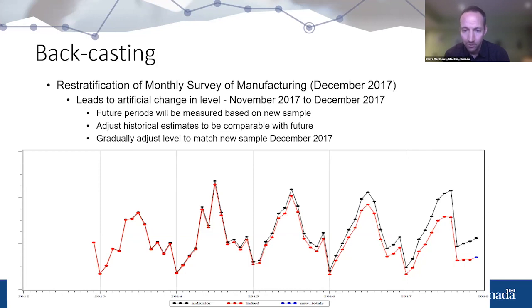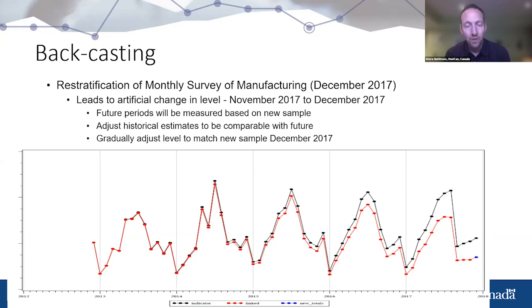So that movement between November and December of 2017 from the old sample is a slight increase, and that's what you see in that last segment of the black line. But if we were to just all of a sudden switch to the new sample, we'd see a decrease from the second to last black dot to the last blue dot, which would be artificial and would be, in my opinion, a misleading signal of the manufacturing sector in that month.